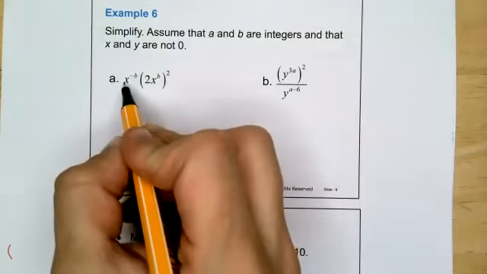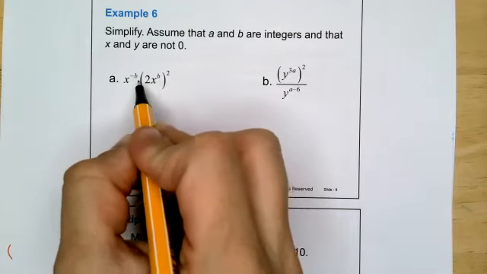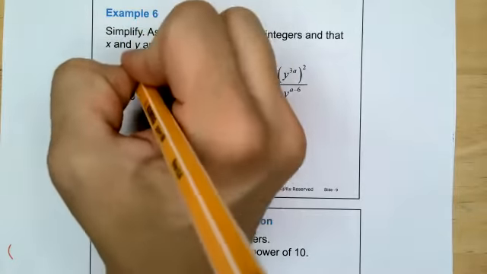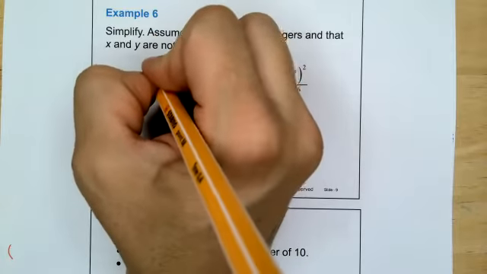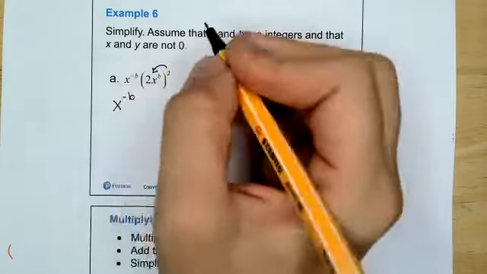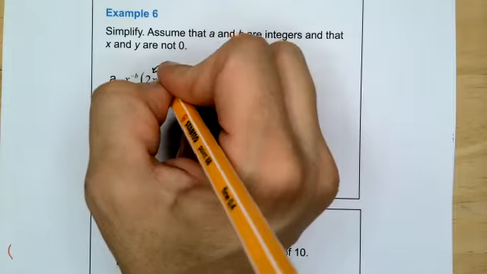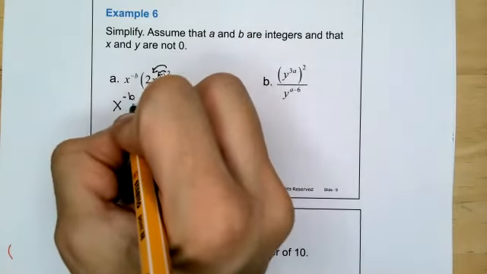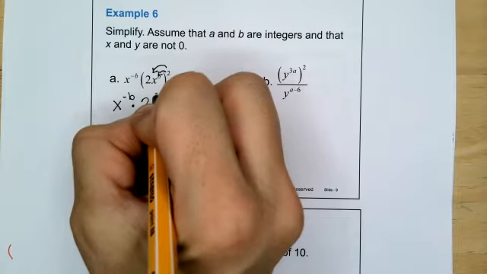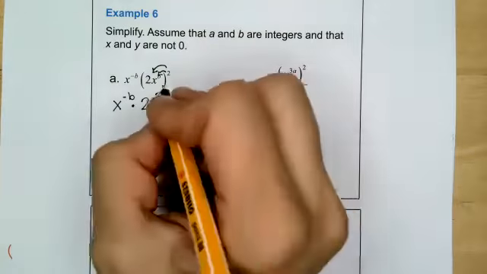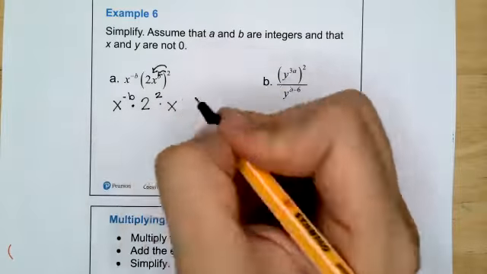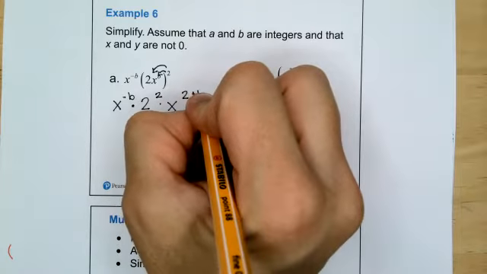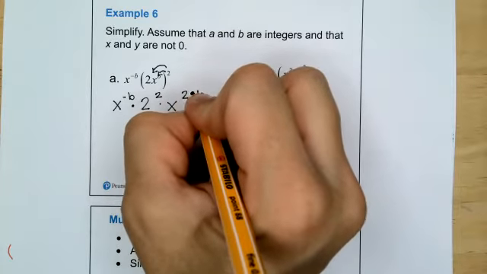All right, so here we have x to the power of negative b times (x to the b squared) times 2 squared, right? So this is all just multiplication. We're basically saying x times negative b. This is still multiplication because it's next to parentheses, but there are parentheses because we're going to distribute that positive 2. So now we have x to the negative b times 2 to the power of 2, times x to the 2 times b.